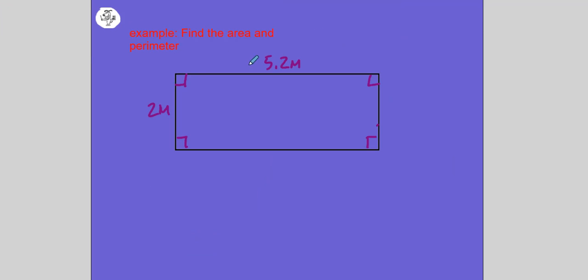Okay, find the area and perimeter of this rectangle. Well, the perimeter, I have 2 bases at 5.2 meters each, so that's 2 times 5.2. I'm not going to put the meters in there, you could. And I have 2 of 2 meters, so that's 2 times 2.